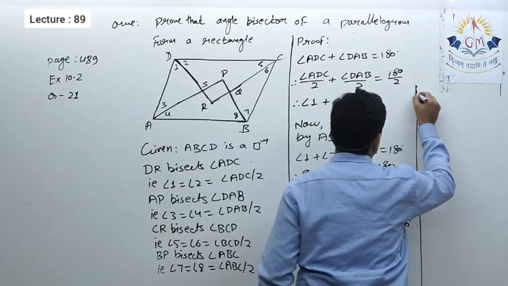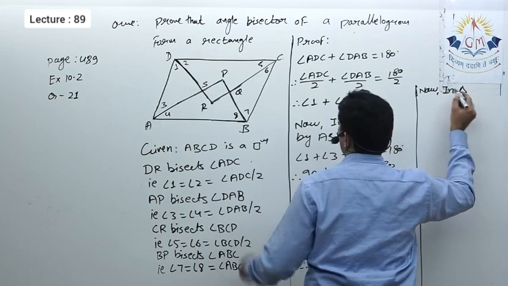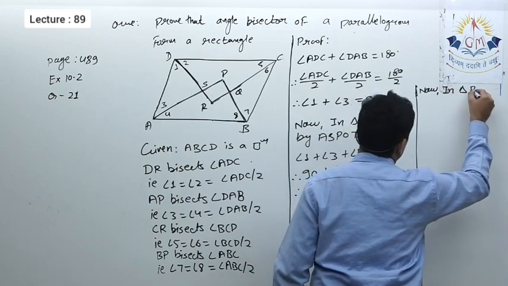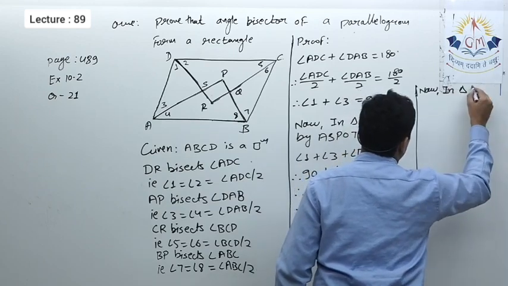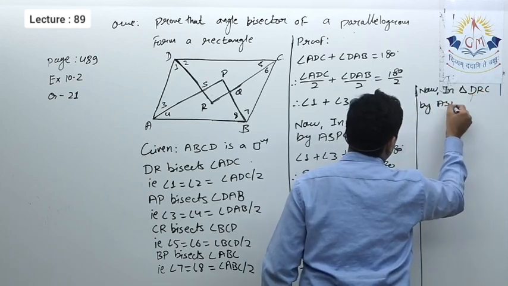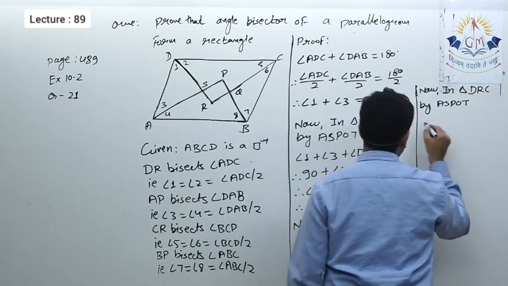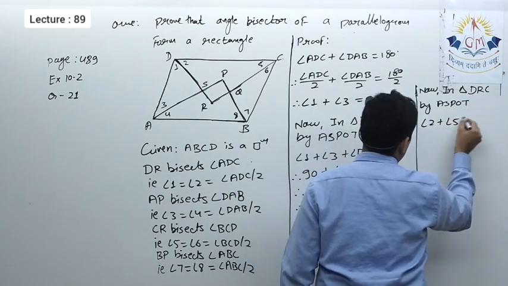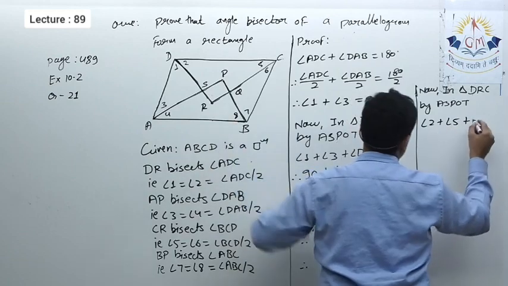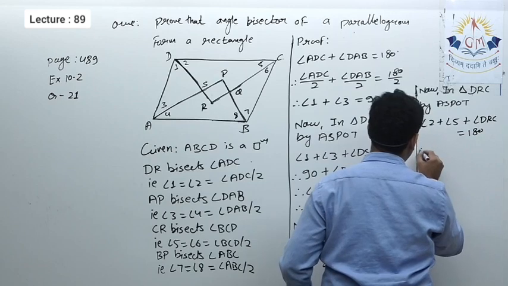Now in triangle DRC, by angle sum property of triangle, I can say angle 2 plus angle 5 plus angle DRC is equal to 180 degrees.